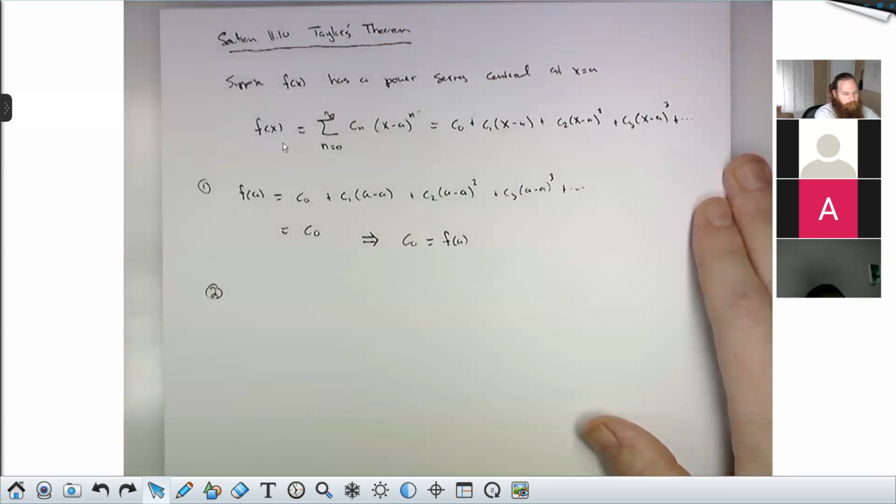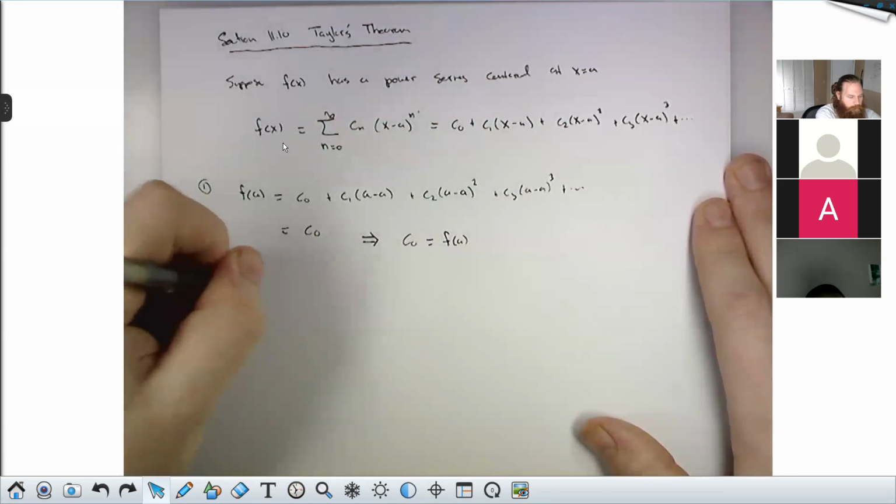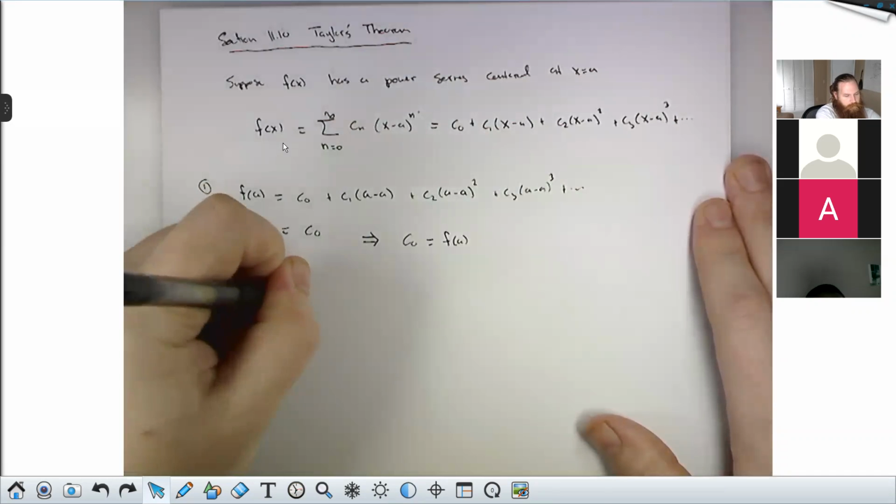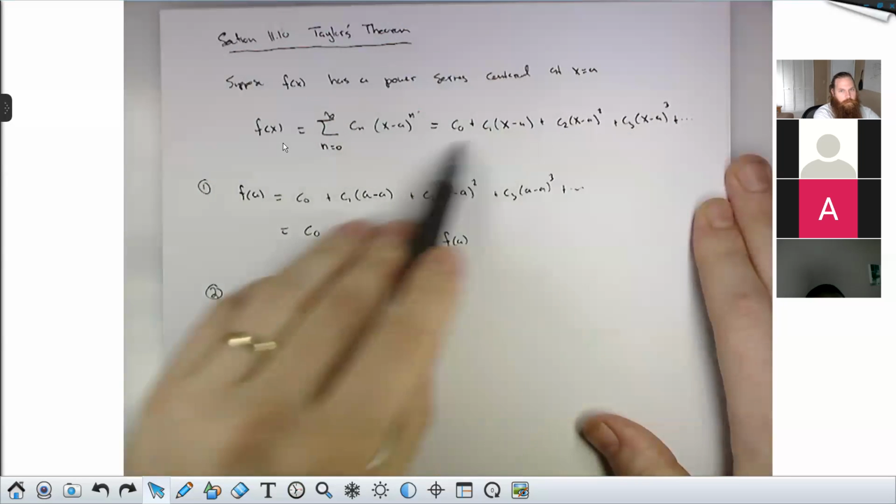All right. Now I differentiate my series. f primed of x. I'm going to differentiate this whole thing.